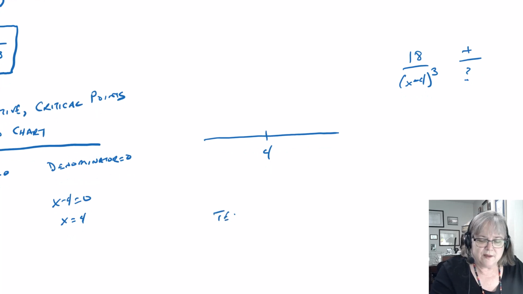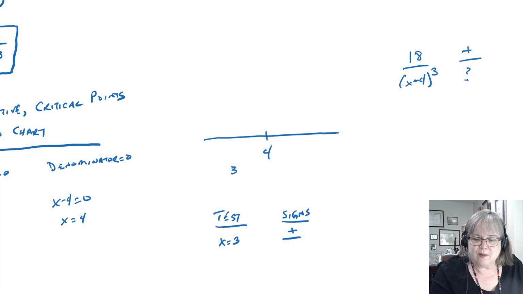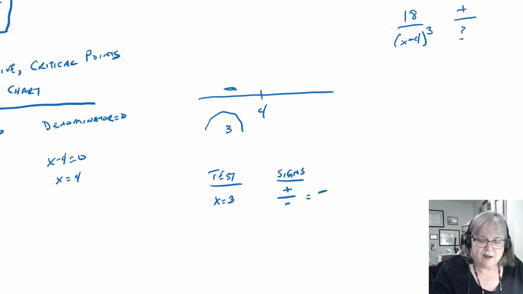So for my test, let's say x is 3, so I'm looking over there. Then I would have for my signs a positive, and we would go, okay, 3 minus 4 is negative, and negative cubed is negative, so this is negative. So this is going to be concave down. And if x is 4, we already know that the top is positive, not 4, let's say 5. Let's go on to the right. X is 5.